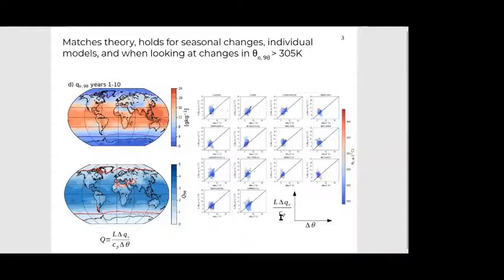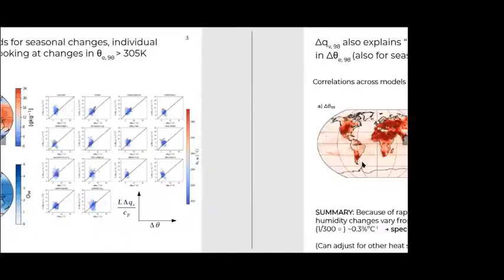And you can see that in almost all the models, the spread in the changes in specific humidity, so the spread along the vertical axis, is much larger than the spread in the potential temperature, the spread on the x-axis. Okay. So this is further confirming this idea that specific humidity is really the key for understanding changes in heat stress.